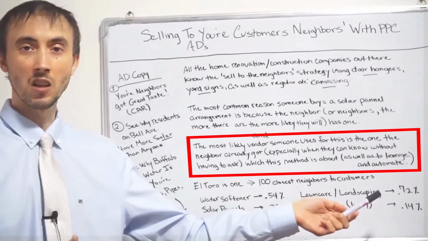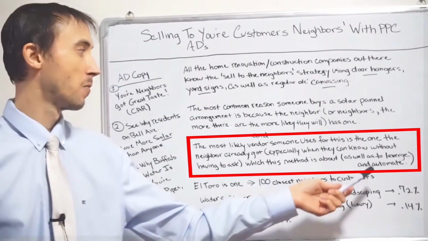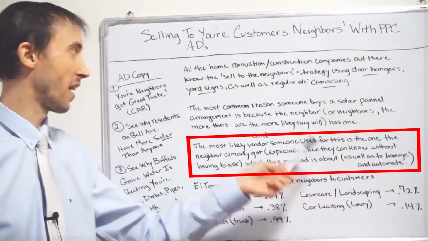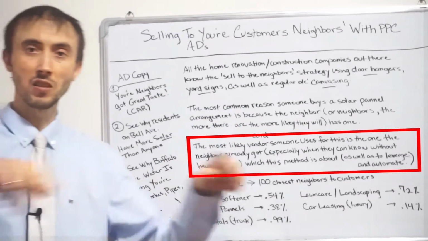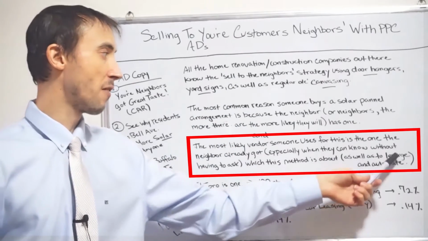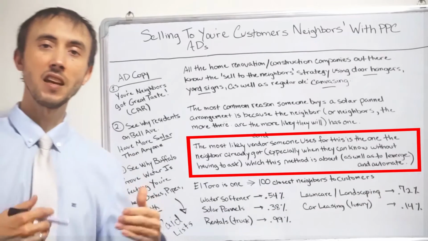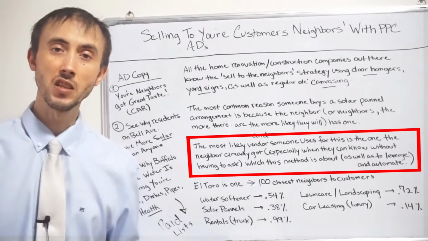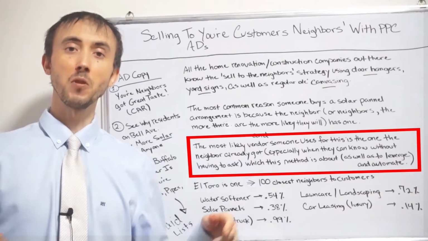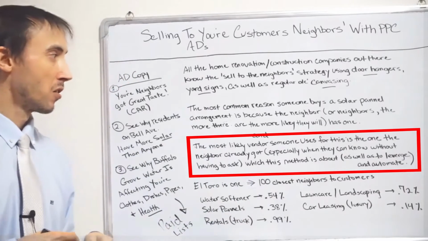The other reason we're going to use PPC ads or display ads, instead of just relying on the door hangers and stuff you can physically do around John's neighbors, is that you can leverage and automate the process, the opportunities you will have to market to the neighbors of your customers.